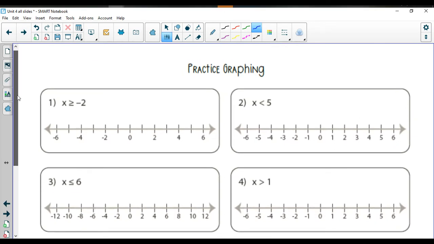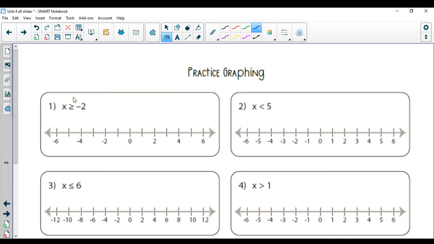So for the next couple, we're going to practice graphing, and what we're going to do is first identify what the symbol is, talk about if it has an open or closed circle, and then we're going to talk about shading, as well as this target number. So in this first example, I have x is greater than or equal to -2. So I'm going to go ahead and find -2 on my number line. That's my target number. And this says greater than or equal to, which tells me the circle is going to be closed.